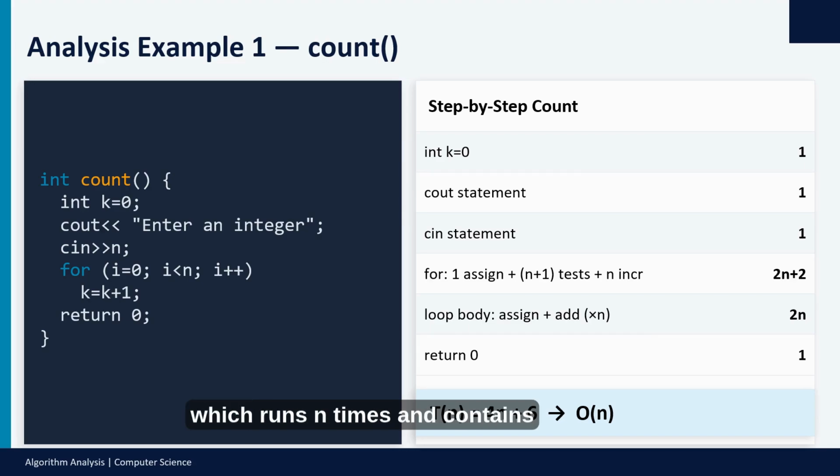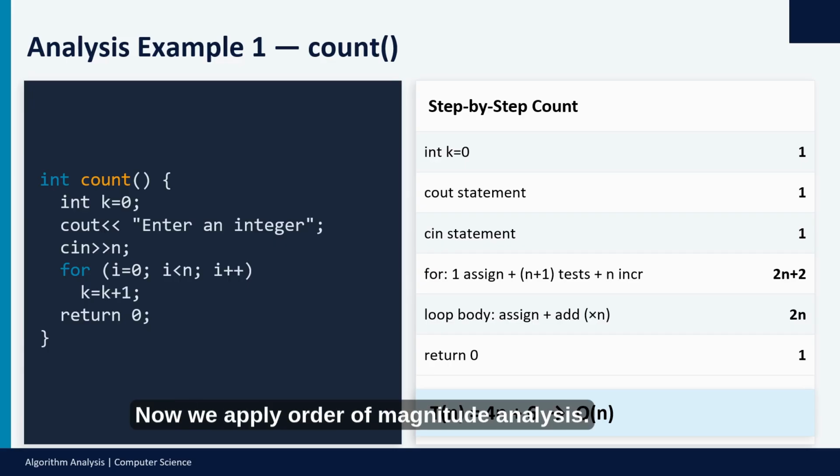The loop body, which runs n times and contains 1 assignment and 1 addition, costs 2n units, and the return statement costs 1 unit. Adding it all together, T of n equals 1 plus 1 plus 1 plus 2 plus 2n plus 1, which simplifies to 4n plus 6.